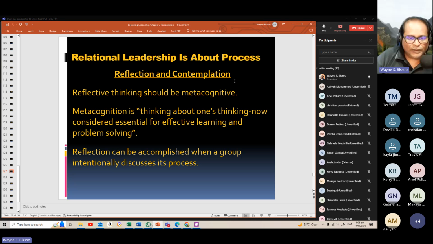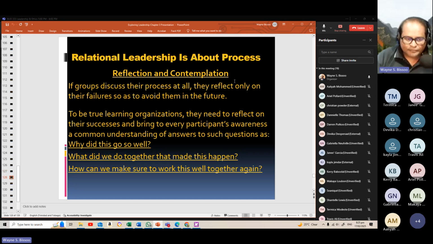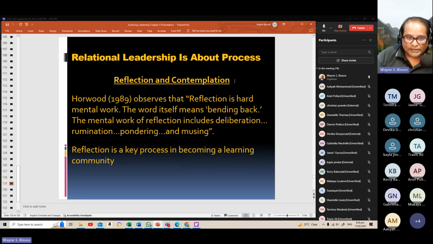All right, so we understand all of these types of activities that are process oriented that have to be built into the entire model that we're trying to develop here.